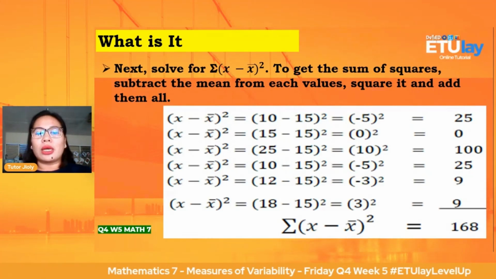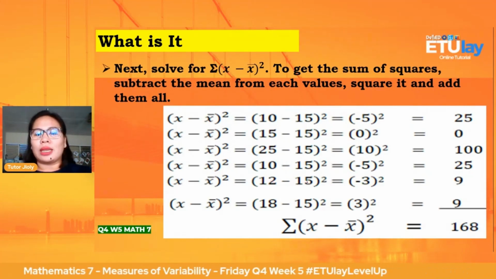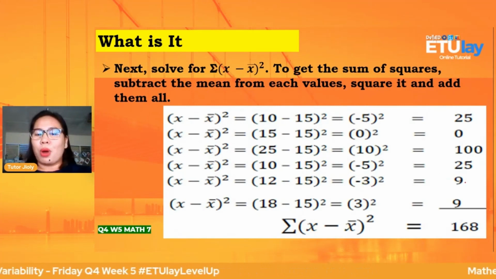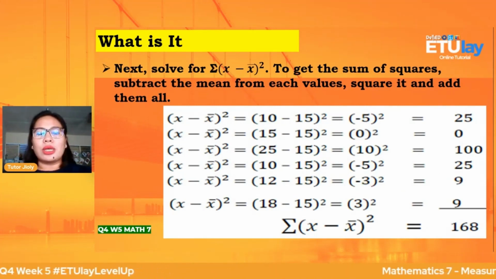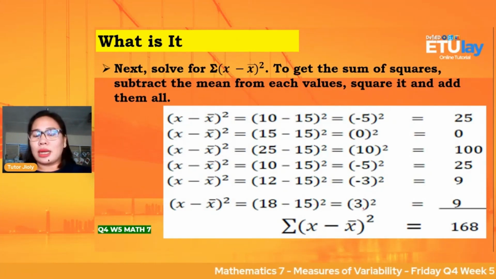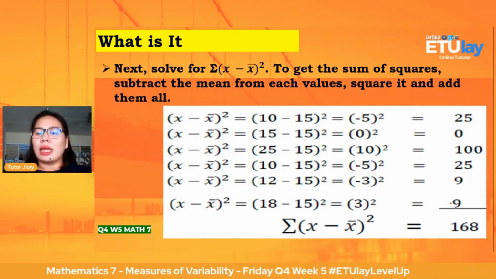And then, 12 minus 15 is negative 3. Square the negative 3, that is positive 9. Then the last one, 18 minus 15 is 3. Positive 3 squared is 9.